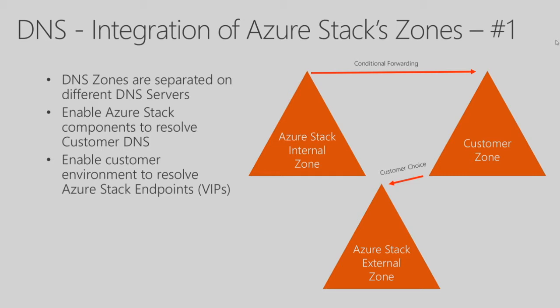Now, in order for Azure Stack to resolve your ADFS endpoint, we're using conditional forwarding. The other way around, from your environment to resolve the external Azure Stack domain, there are multiple options. Of course, you can use conditional forwarding, you can use root hints, you can use stub zones. That is your choice.